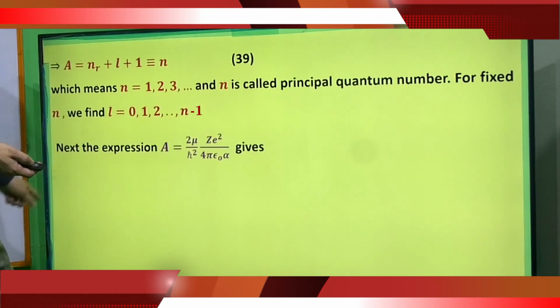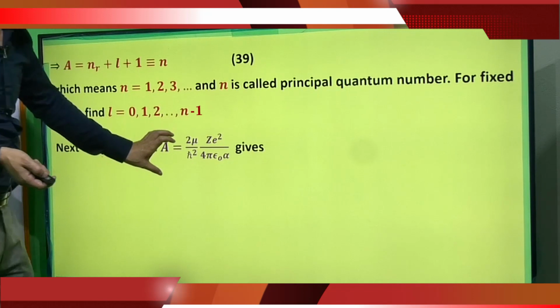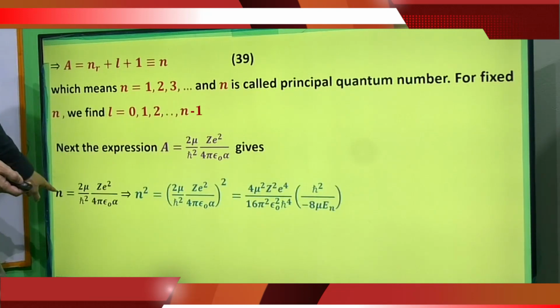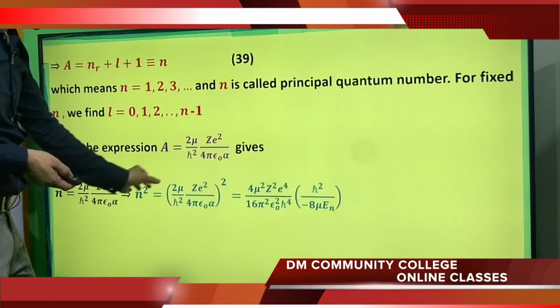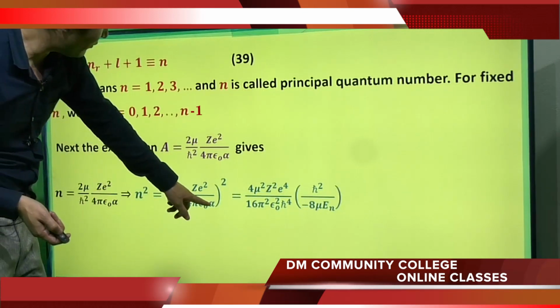Now the value of capital A which we used earlier, I'm recalling it back. Here I'm going to put small n for capital A. After putting it, you get this. Now you square it both sides, left side squaring, right side squaring. You get this, and there will be one alpha square.